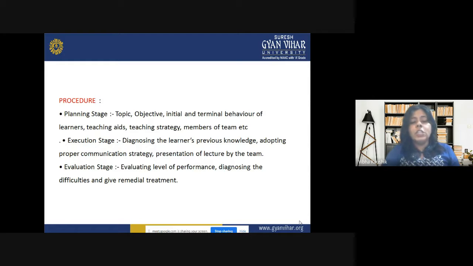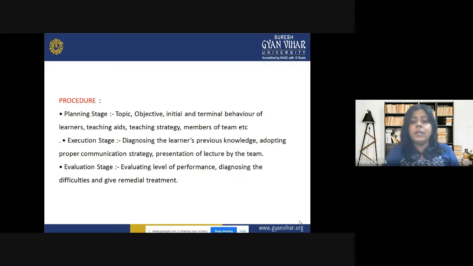Now, the procedure of organizing a team teaching. Planning stage. Topic: which topic you will teach the students with the help of the team teaching method? Objectives: what are the specific objectives that have been framed to achieve through the team teaching method?